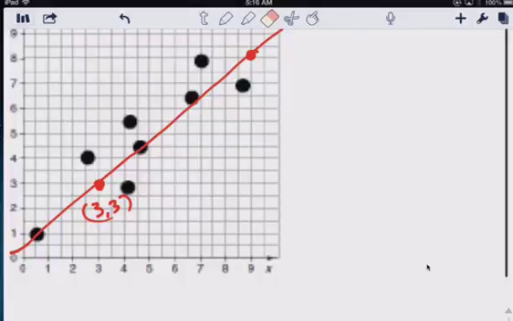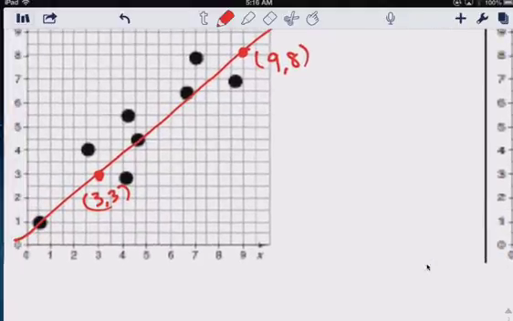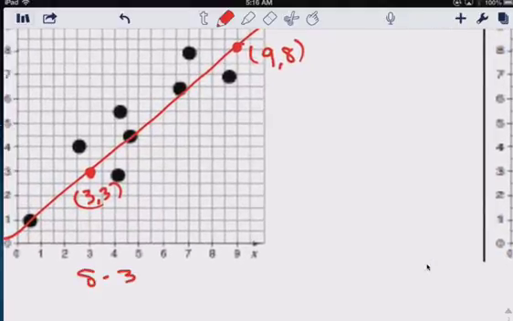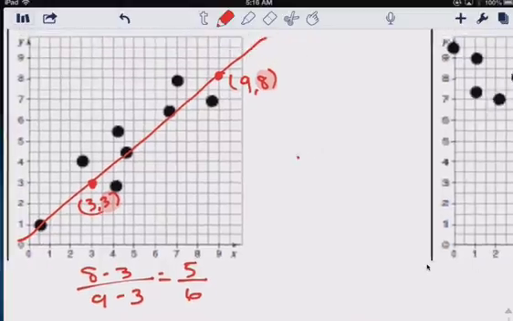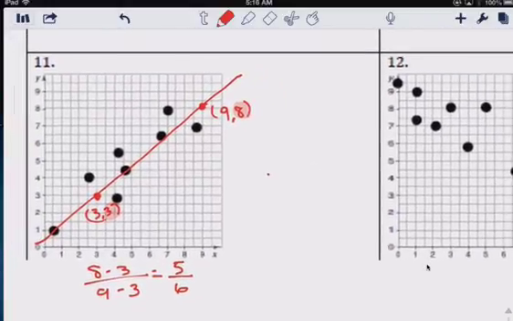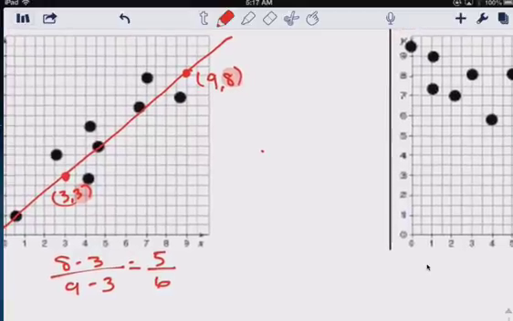You can use the decimal one. I'm going to choose 9, 8 then. Easier for me. y2 minus y1, 8 minus 3, 9 minus 3. So that's 5 over 6. Okay, 5 over 6.